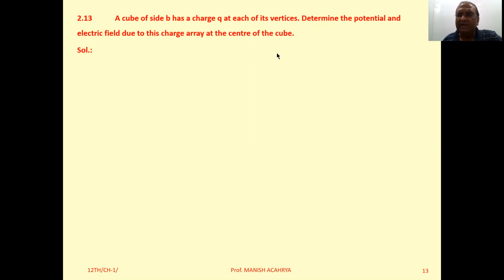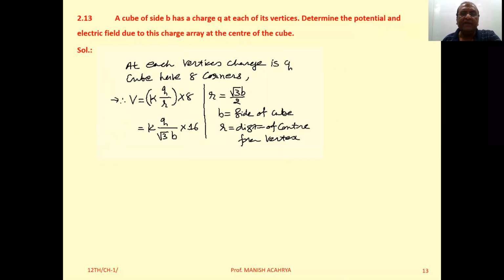Now, when at each corner the same charge q is placed, then we know the center of the cube will be at the same distance from each corner. So to find out the resultant potential, first of all we have to take the potential due to any one charge and then multiply it by 8, because a total of 8 corners are there.